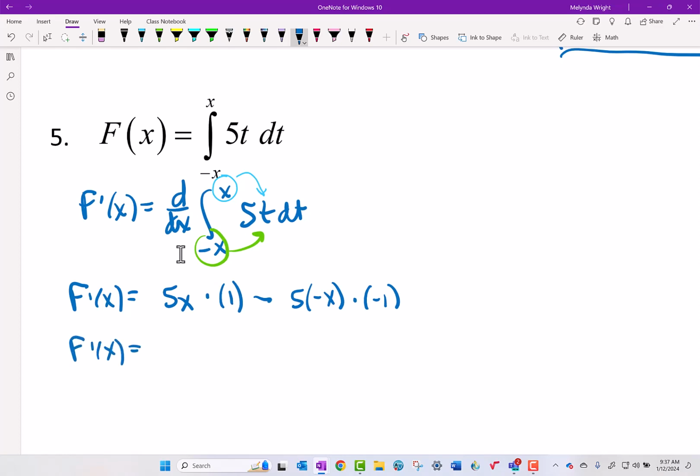It's a bit of a mess. We've got 5x minus 5x. Oh, that's kind of disappointing. It all disappears. That's the way we play it. The derivative is 0. That's okay. 5x minus 5x is 0. Okay, one more.